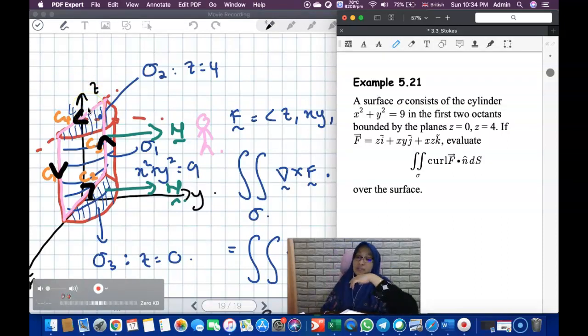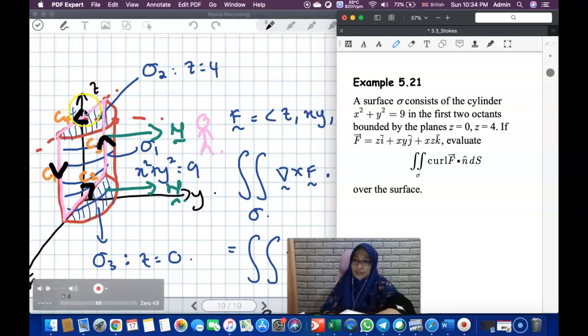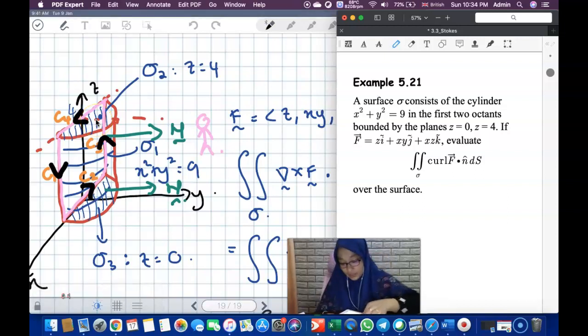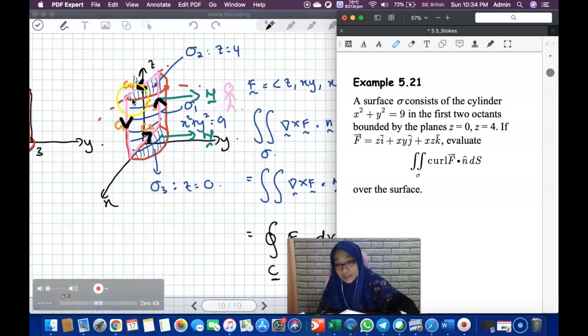So then the limit of t, or x or y that you are using for your vector function of the curve, should follow this direction. Okay, so now we already have the direction along C1, C2, C3, and C4.